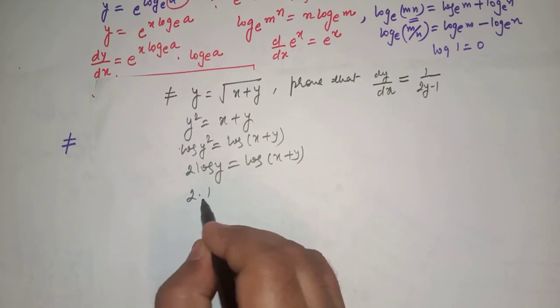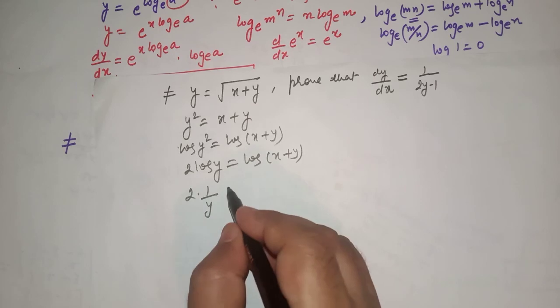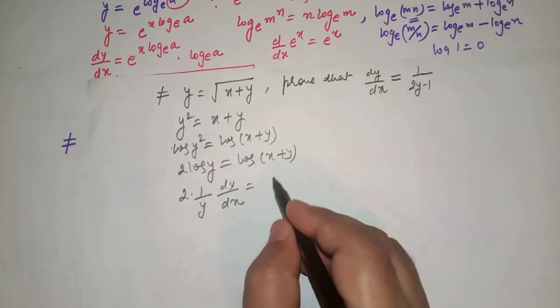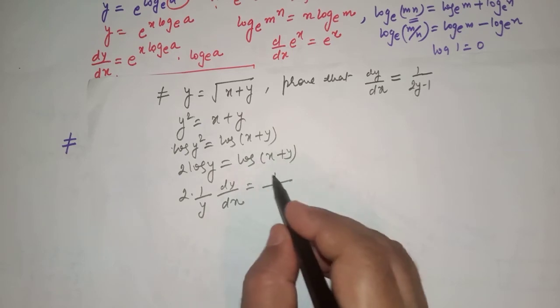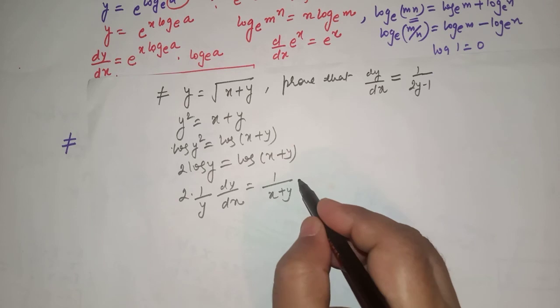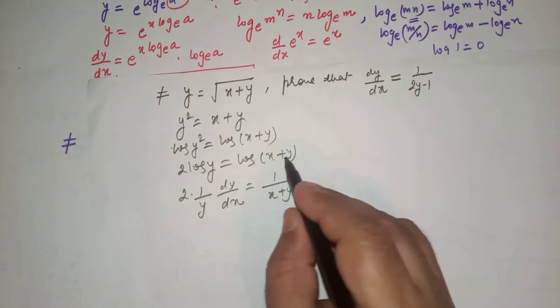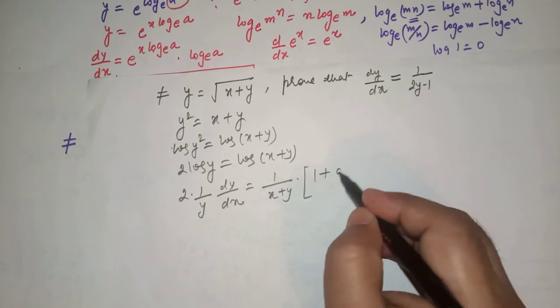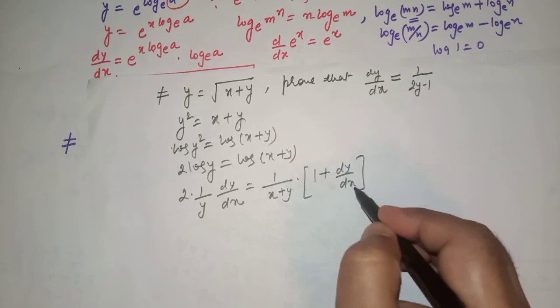So this becomes 2 multiplied by 1 over y dy over dx, and here the derivative of log of x plus y is 1 over x plus y, and then by chain rule we'll differentiate this. So the derivative of x is 1 plus dy over dx.